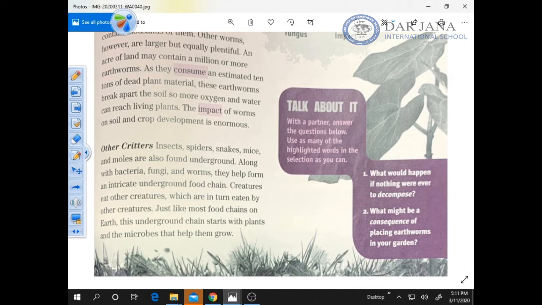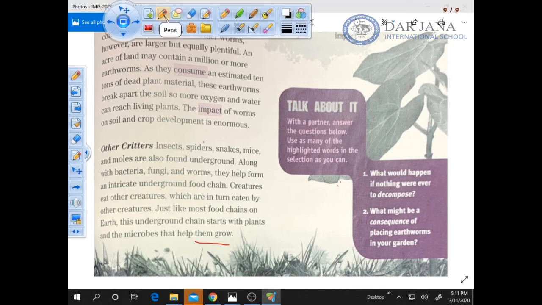Let me just underline the impact. What's the meaning of impact here? They said the impact of worms on soil and crop development is enormous. So when we see the word impact, based on all the words in the sentence, development, it's something happening, something interacting, something that has an effect.